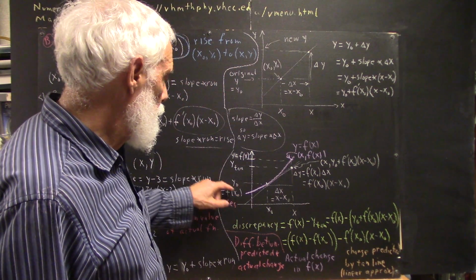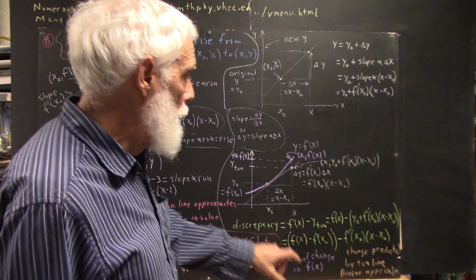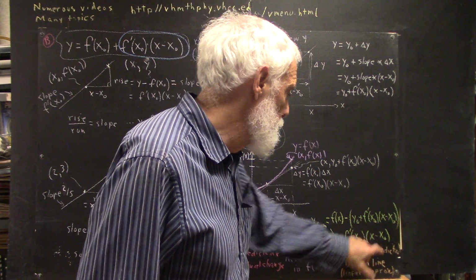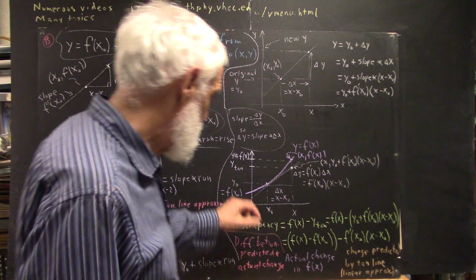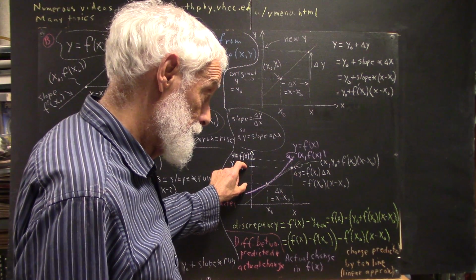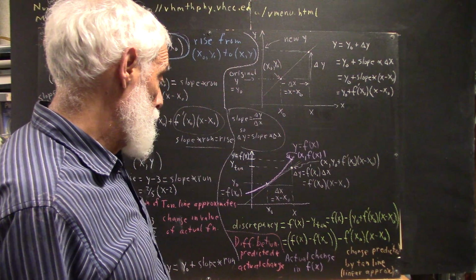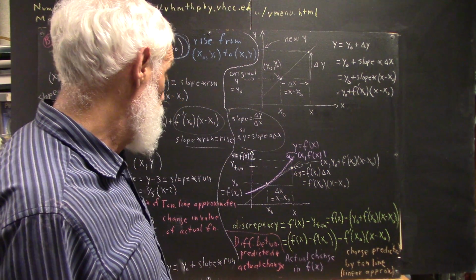There's f of x, there's y naught equals f of x naught. It's this change minus the change predicted by the tangent line, which is slope times run. You know, slope times run, this difference. And that's the difference between the actual and predicted change.